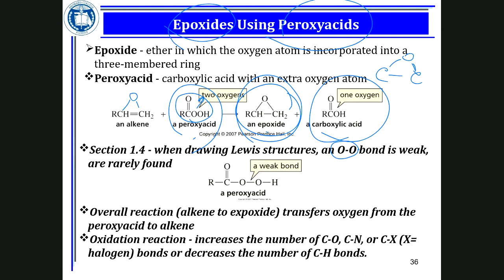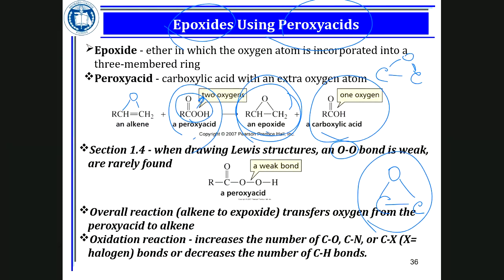Markovnikov and anti-Markovnikov are not applicable because you're only adding one oxygen. You're not adding an electrophile and a nucleophile. You're not adding H and OH, you're just adding oxygen.